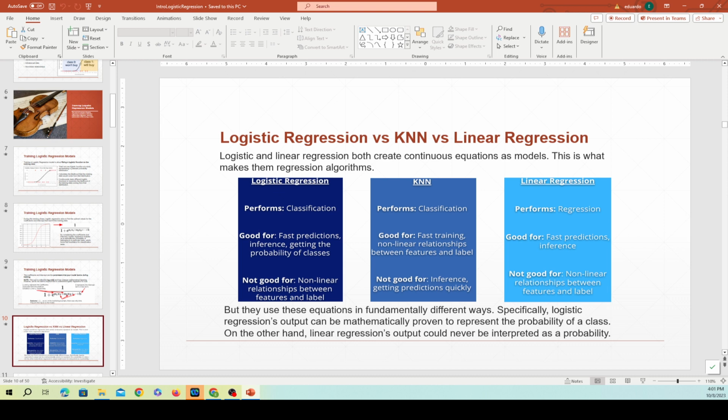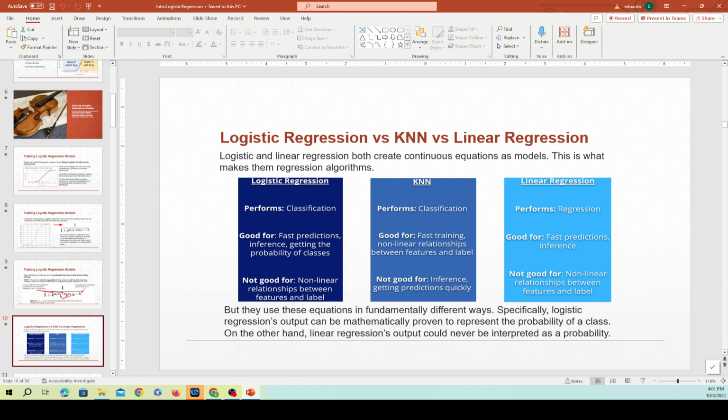So let's see other differences. Logistic regression is used for classification. It is good for fast predictions, inferences, and getting the probability of a class. Not good for nonlinear relationships between features and labels. K-nearest neighbor is used for performing classifications. Good for fast training and nonlinear relationships between features and labels. Not good for inference or getting predictions quickly.